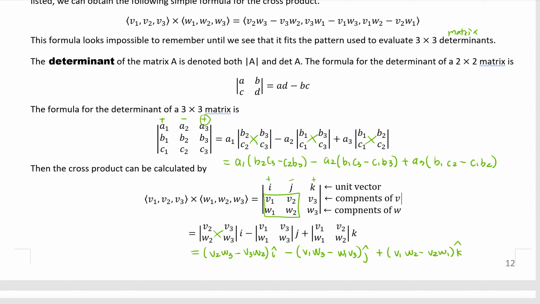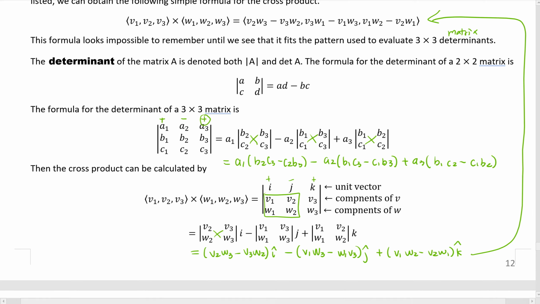And then you will realize this is the same as our formula. I would prefer to use this determinant approach. I don't memorize the formula. I just imagine the procedure of calculating the determinant, and then we can figure out the cross product.